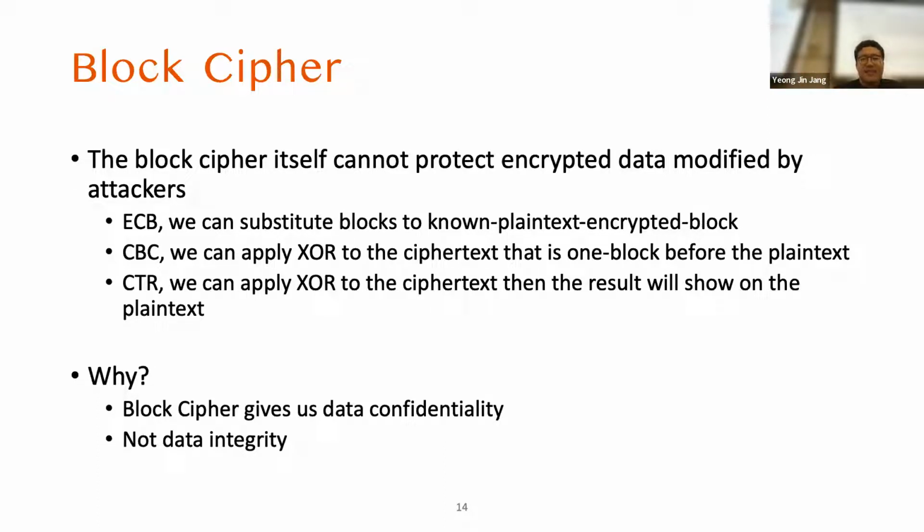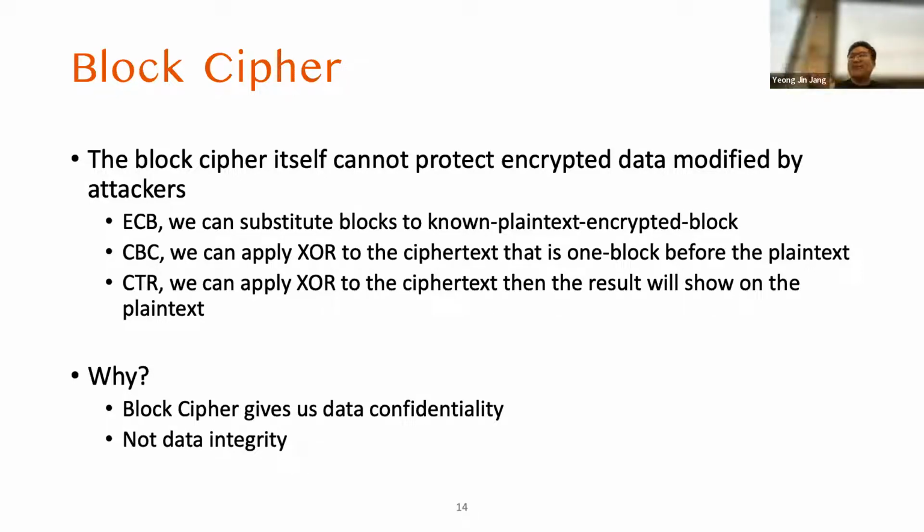if we apply the XOR to the ciphertext, then it will be directly shown as the XOR in the plain text. The reason why we have this kind of weakness is that the block cipher only gives us data confidentiality. It doesn't protect the data integrity. That's why we can launch attacks like that. Block cipher by definition is a pseudo-random permutation, so the attackers cannot guess the direct plain text.